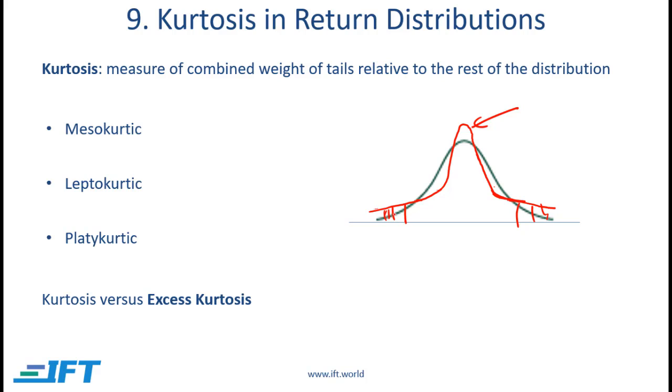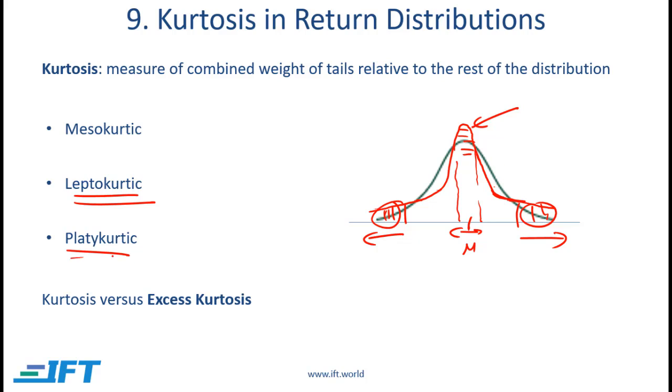Such a distribution where we have more weightage in the tails is called leptokurtic. Also notice that a leptokurtic distribution is more peaked than normal. So that means that the probability of being a little bit on either side of the mean is more for a leptokurtic distribution relative to a normal distribution.